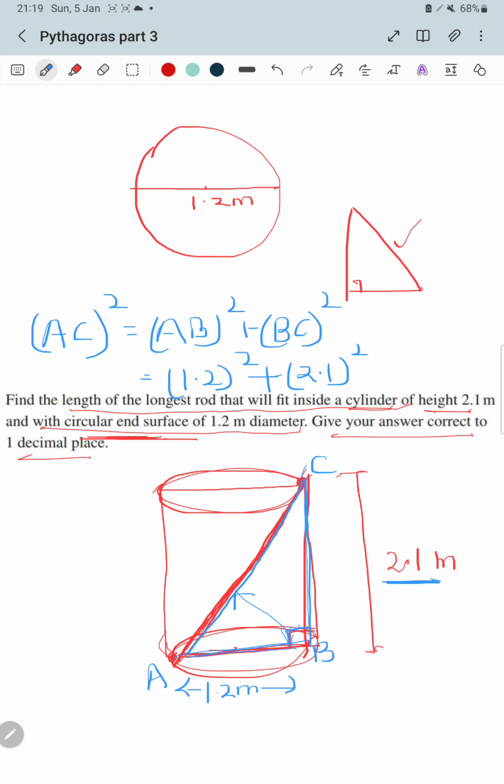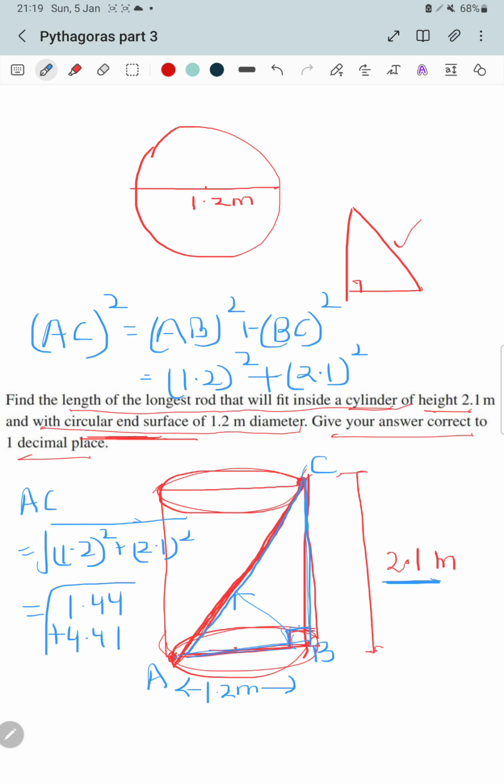To find AC, AC is going to be the square root of the sum of the squares of these two results. Let me calculate this value. 1.2 squared is 1.44 and 2.1 squared is 4.41.